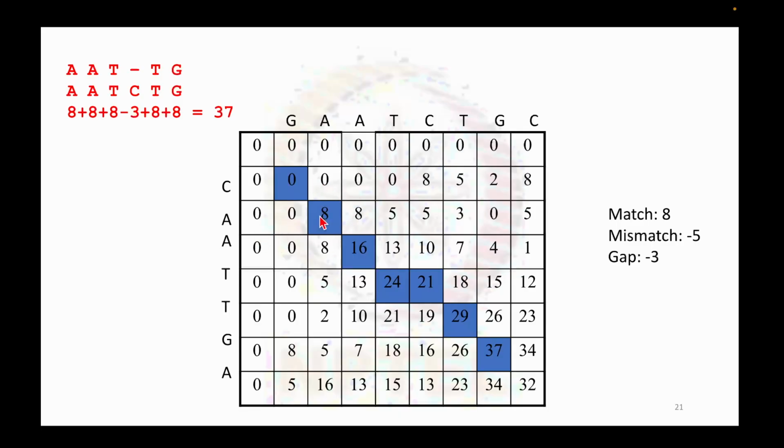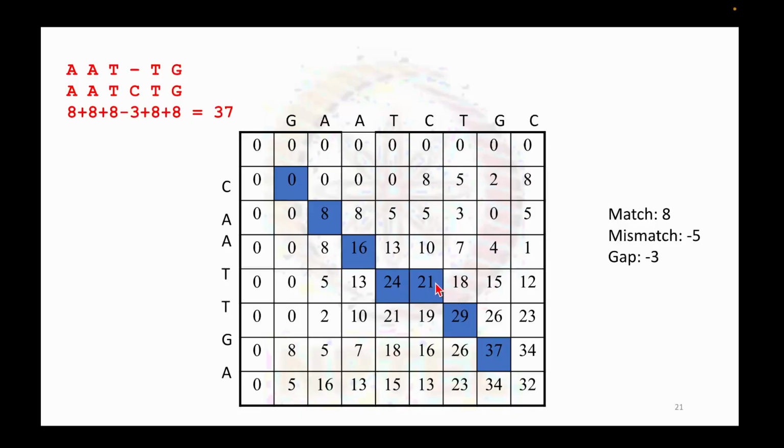So this is the alignment matrix that you have seen. 37 is the maximum, and from 37 we are moving diagonally, so it's a match or mismatch condition. So G and G have been aligned, then again we move diagonally, so T and T have been aligned.